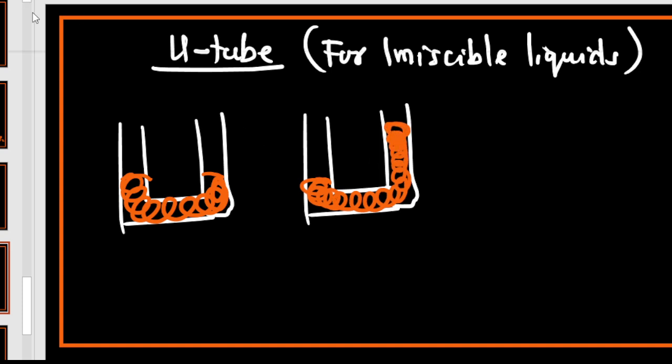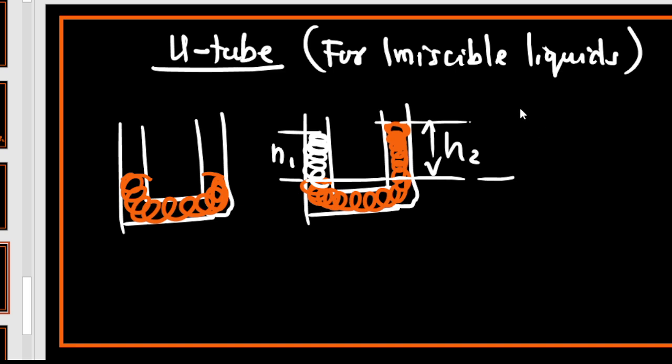So the second liquid you poured into it is probably here. So if we call this the datum level, we are going to have this part here as H1, this part here as what? H2.